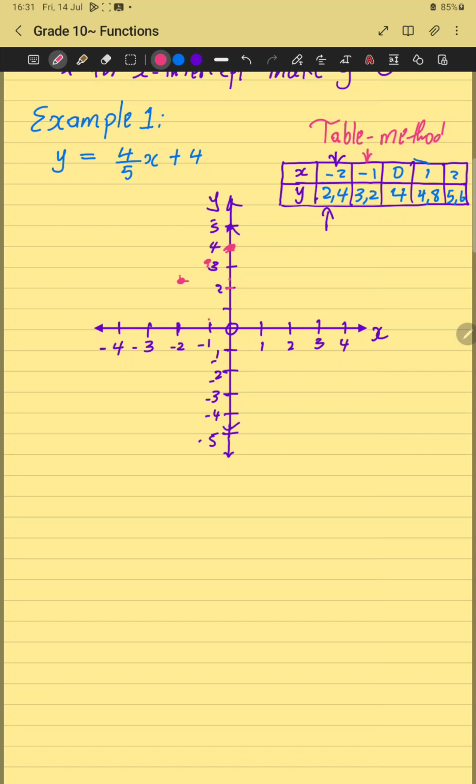And then when x is 1, y is 4.8, just go up somewhere there. And then when x is 2, y is 5.6, just somewhere there. And then we simply join all the points, just like that.